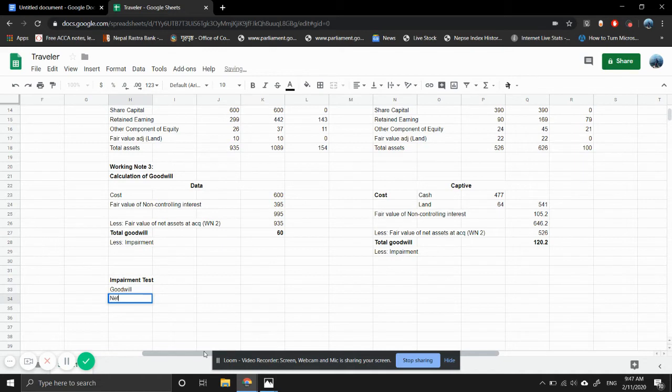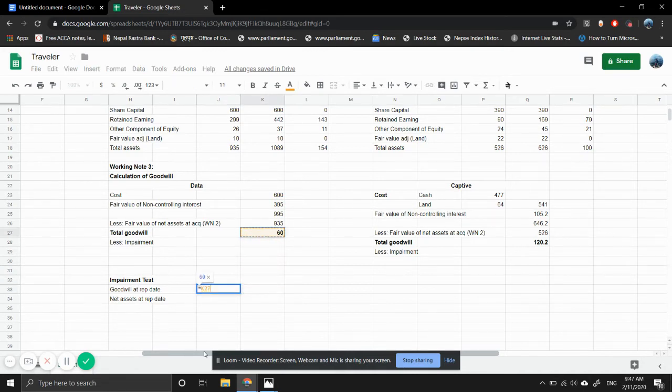And then net assets at disposal or at the year end reporting date, right? Goodwill at reporting date. So how much was the goodwill earlier?